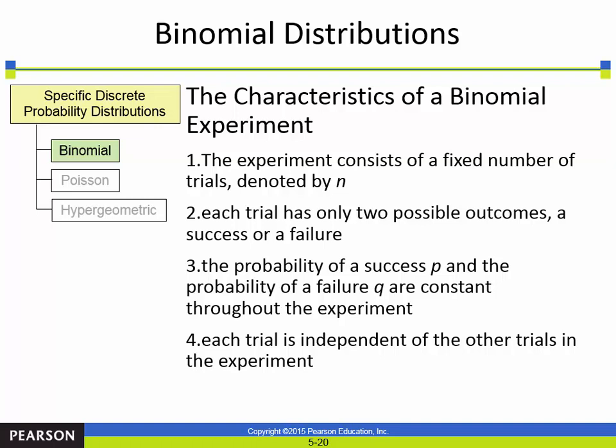So the characteristics of a binomial experiment consist of a fixed number of trials, denoted by n. Each trial has only 2 possible outcomes. Usually they denote those as a success or a failure, even though we have to be careful with those terms because people like successes and don't like failures.